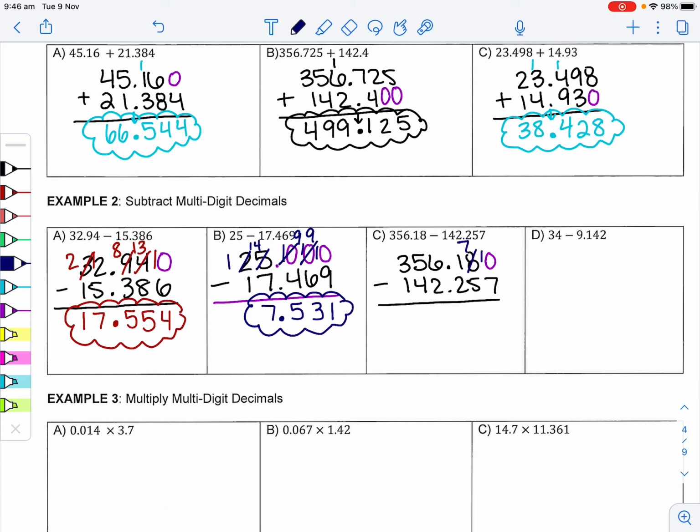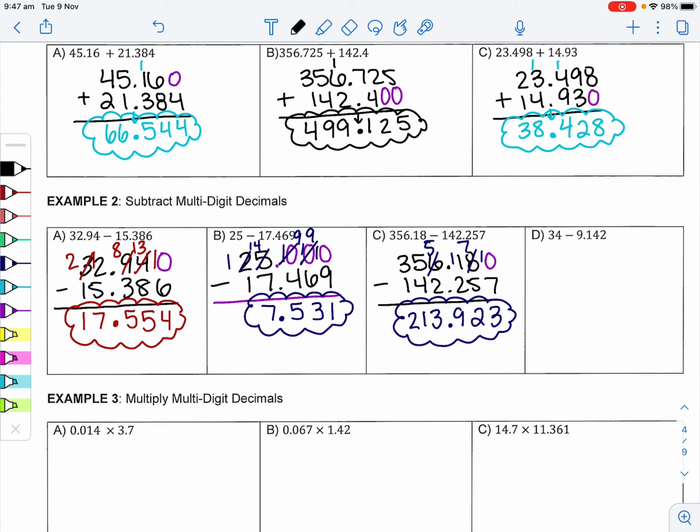So 10 minus 7 is 3. 7 minus 5 is 2. I have to borrow from the 6. So 11 minus 2 is 9. I'm going to bring down my decimal. 5 minus 2 is 3. 5 minus 4 is 1. And 3 minus 1 is 2. So 213.923.